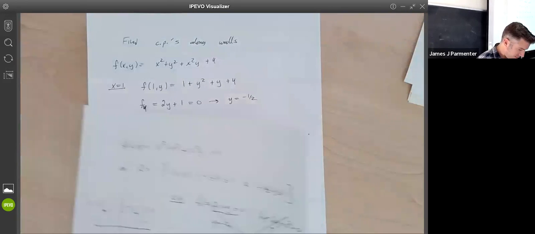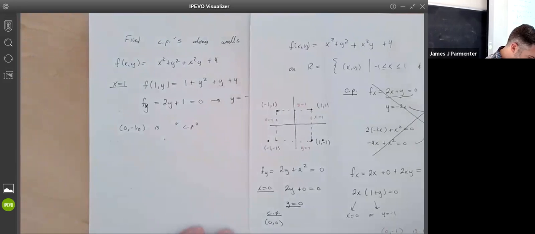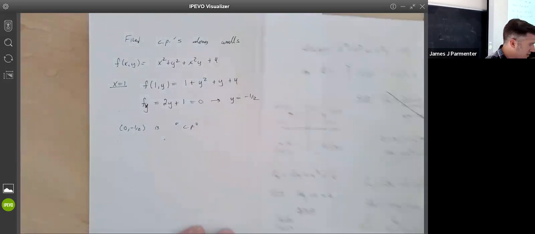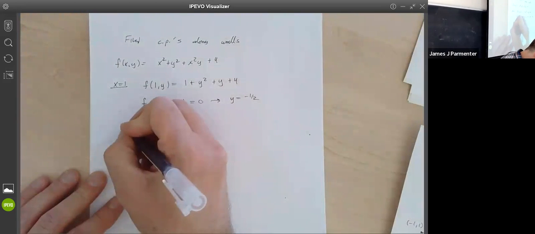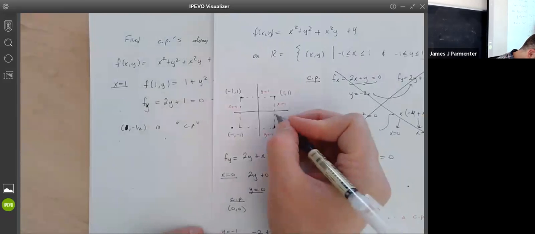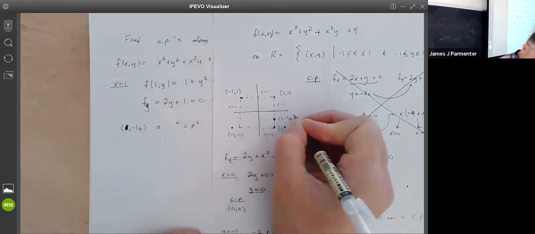So we have a critical point over here at (0, -1/2). Sorry, not 0, -1/2. x wasn't 0, x was 1. So over here, (1, -1/2), there's another point we're going to have to check.